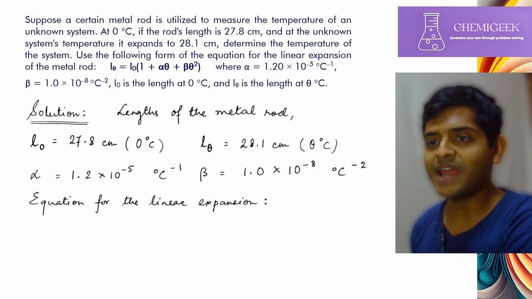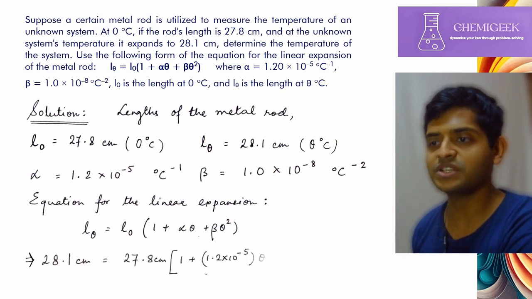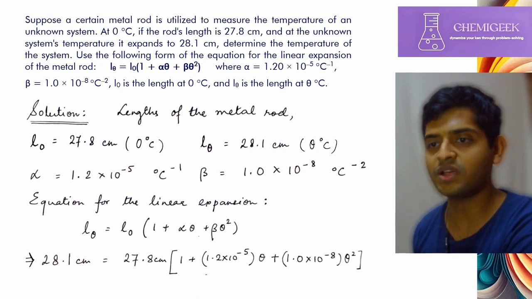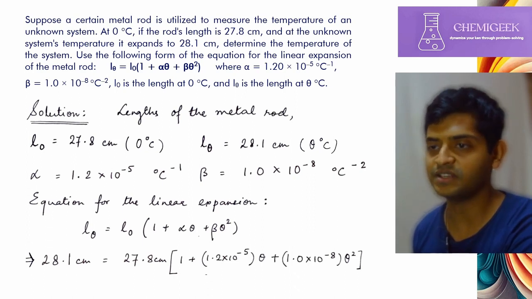So when we write the equation, we find that these are the values. So we are rewriting the equation according to their values. That is L theta we are putting as 28.1 centimeter and L0 we are putting as 27.8 centimeter.